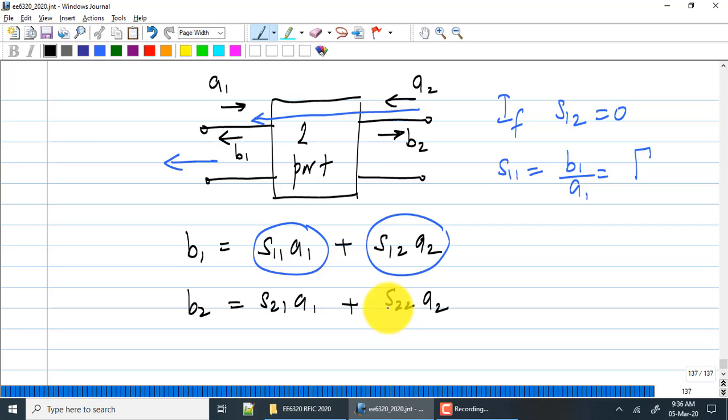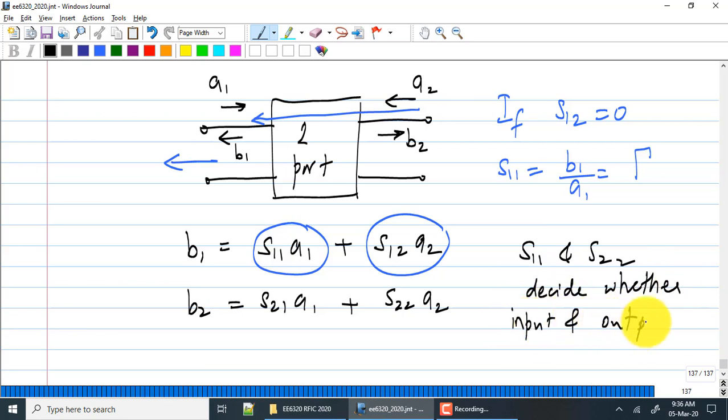So S11 and S22 decide whether input and output ports are matched to Z0.